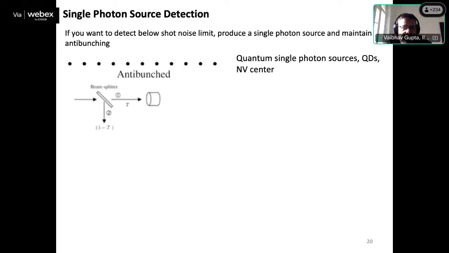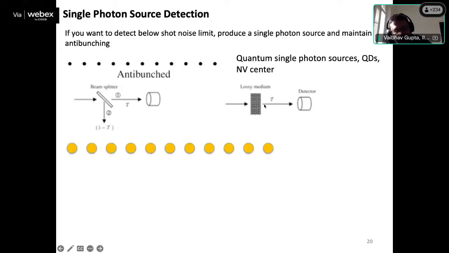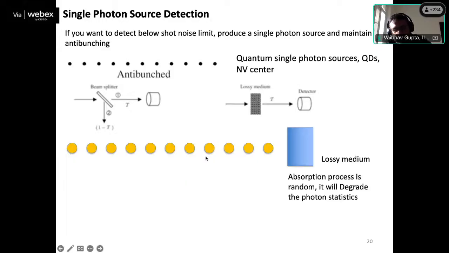Now, when you go for detection, single photon light is coming, it hits a beam splitter, some light will transmit, some will reflect. This beam splitter will be some material, maybe glass, zinc oxide, some silver coating, and light has to pass through it. The problem is that we have this anti-bunched light source, then we have a lossy medium, so there will be absorption of these photons inside this medium.